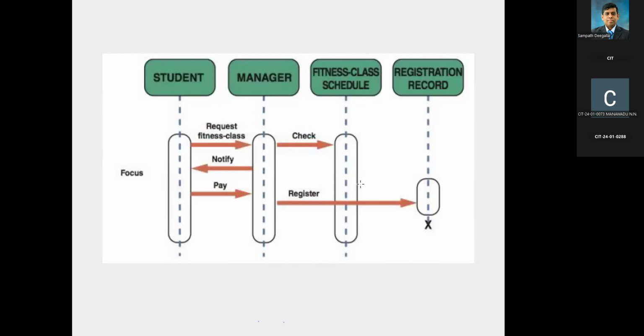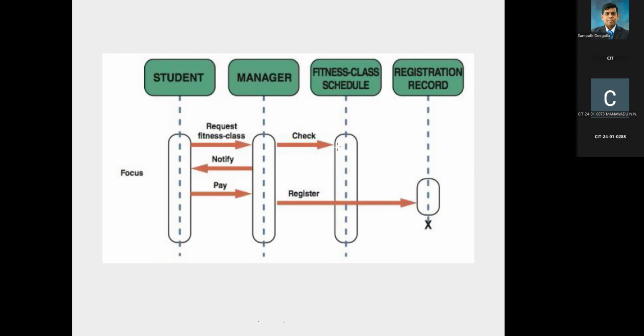So let's look at our previous example where a student is trying to register for the fitness class. You will see four classes here: student, manager, fitness class schedule, and registration record. This starts with the request for the fitness class. The student starts the request, so the focus starts, and then the manager starts the focus on the request. The manager's responsibility is to check the fitness class schedule to see whether the time is available.